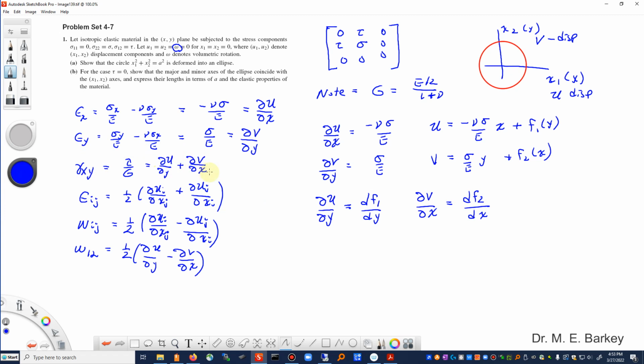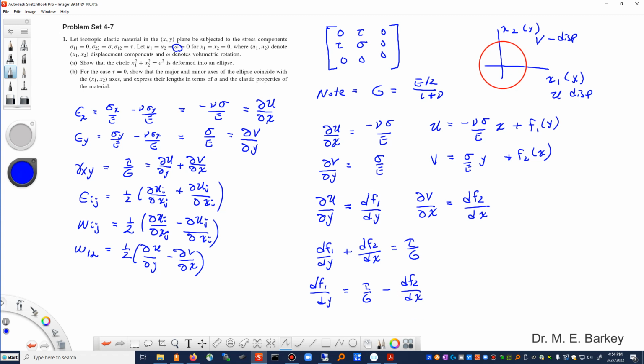All right, let's put those into this equation for gamma xy. So we have df1 dy plus df2 by dx is equal to tau over g. So if I want, I can solve this for the first function, like so.